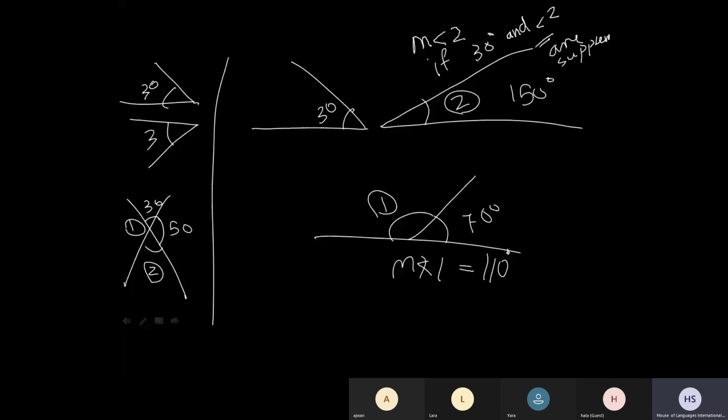I told you they must be connected on the same line, but here they are not on the same line. For a linear pair, you have to know it. The supplementary, I must tell you. Look at these two and these two now. I didn't tell you that they are supplementary. So you don't know how to solve number 3.